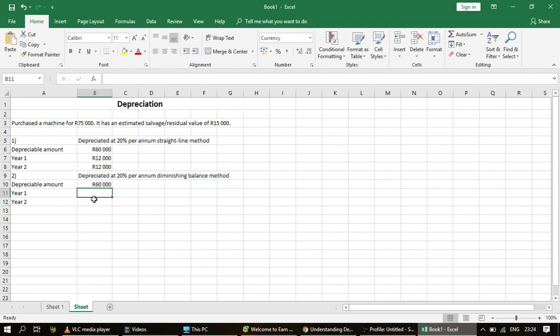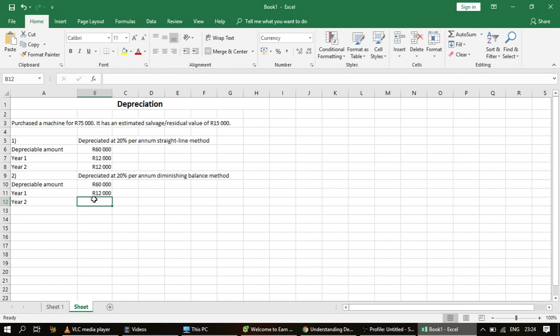What is the depreciation for the first year? Well, I can tell you that depreciation for the first year will be exactly the same as depreciation for the first year using the straight line method. So we're going to take 20% of 60,000 rand, and it gives us 12,000 rand. That's the depreciation for the first year.